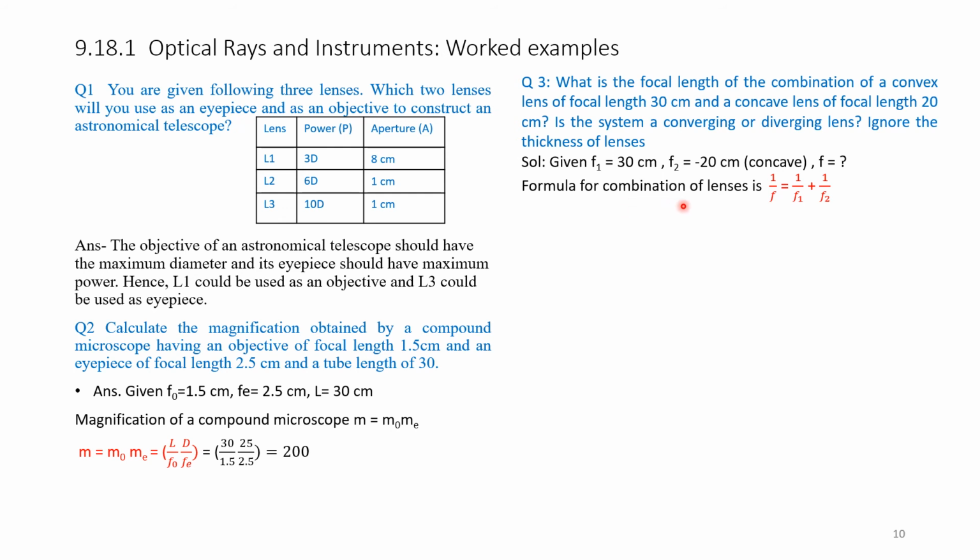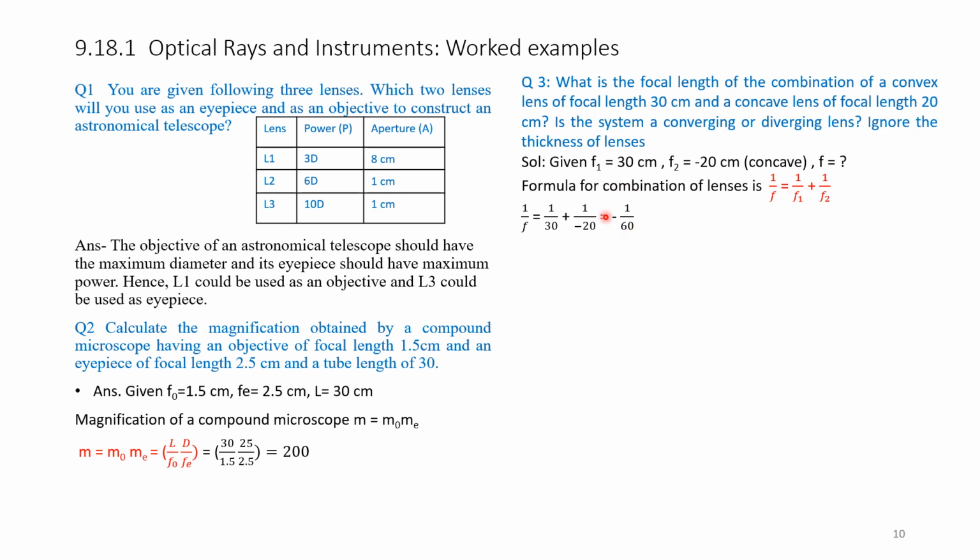Formula for combination of lenses is given by 1 over f is equal to 1 over f1 plus 1 over f2. Therefore, 1 over f is equal to 1 over 30 plus 1 over minus 20 because it is a concave lens, that is equal to minus 1 over 60.